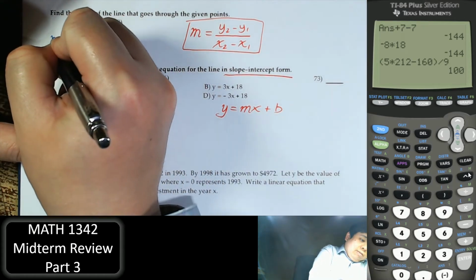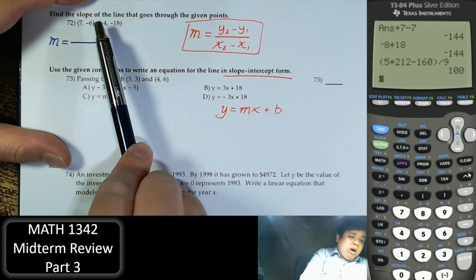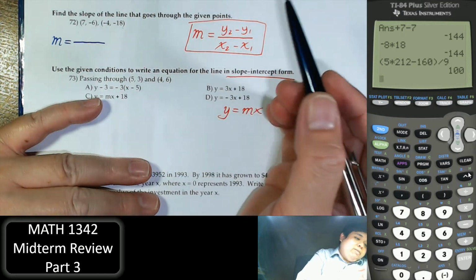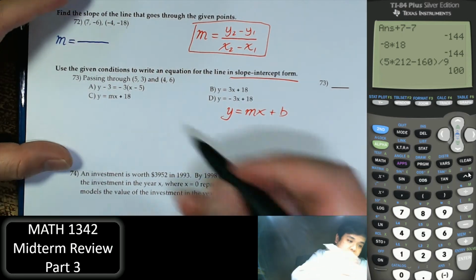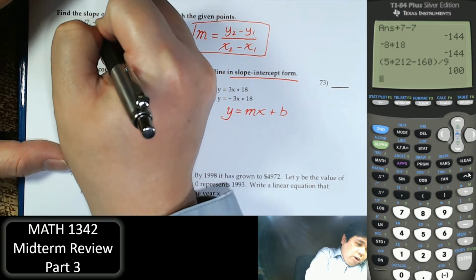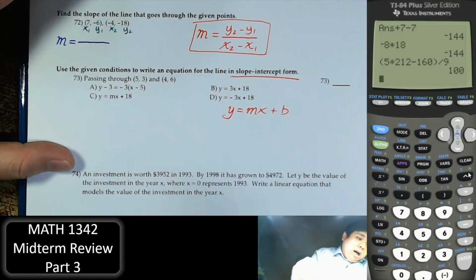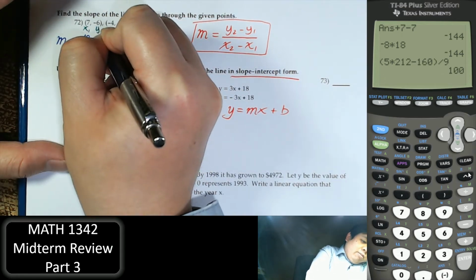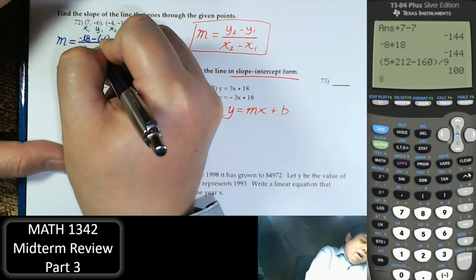Right. And we can say any of them, x1, y1, x2, y2, it doesn't matter, or x2, y2, x1, y1, it doesn't matter. I'm just going to say x1, y1, x2, y2. So I have negative 18 minus negative 6, and negative 4 minus 7.